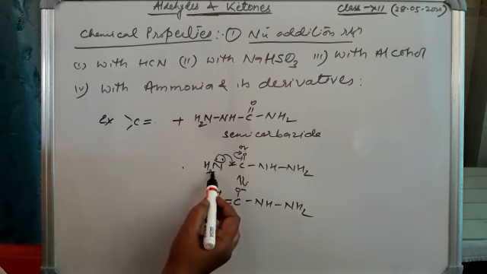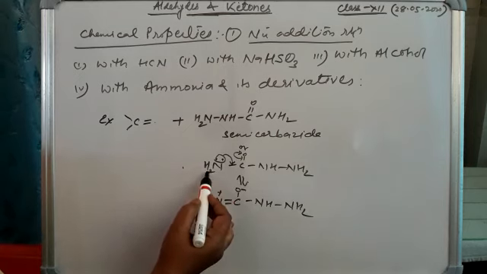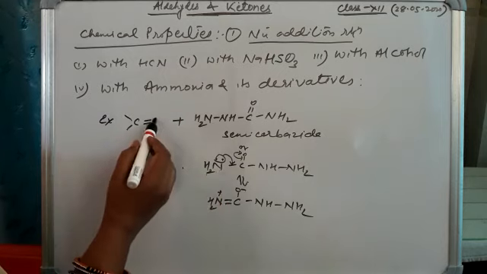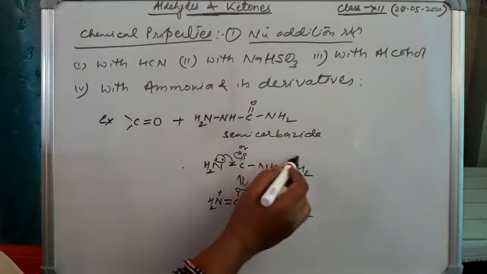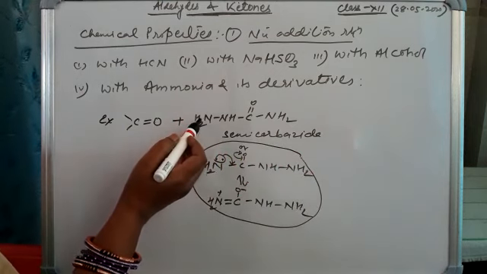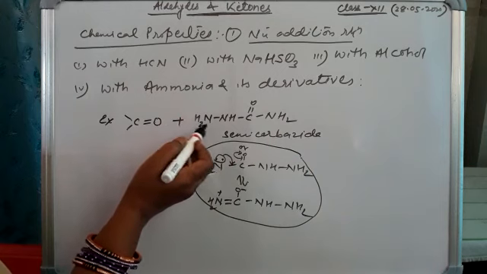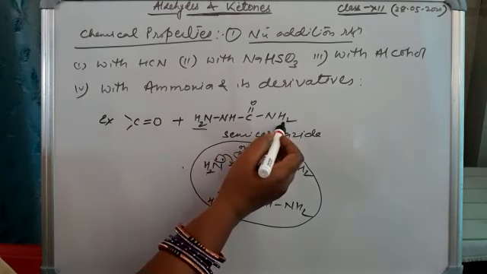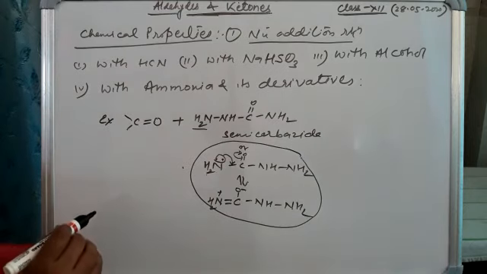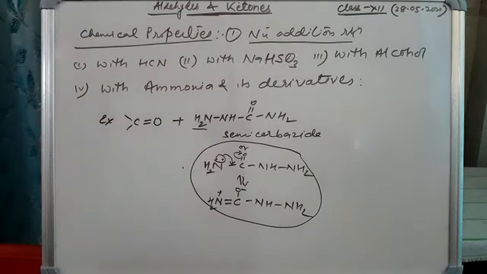So the hydrogen present on this nitrogen is not available for reaction with the carbonyl group. Remember this: always, hydrogen is removed from this NH2 group, not from this one. This is an important question from the NCERT exercise.